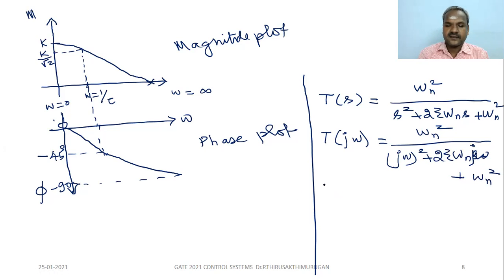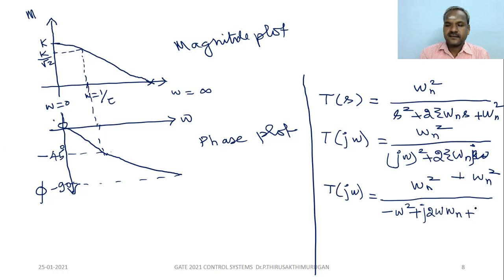So what is T of j omega? T of j omega equals omega n square divided by minus omega square plus j 2 zeta omega n omega plus omega n square. Now divide both numerator and denominator by omega n square. This is the second order system.